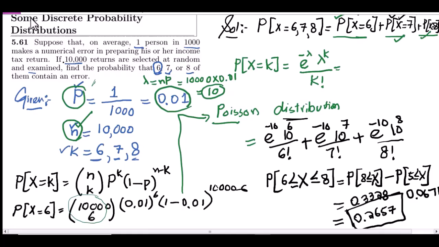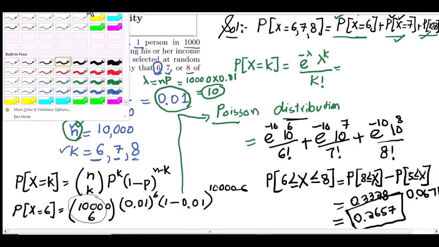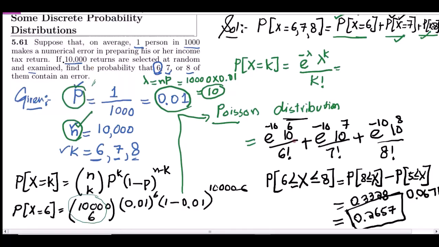So this is the answer. If you wanted to find it by using the formula, you would have got the same answer, but this method is a lot easier than the other two methods.